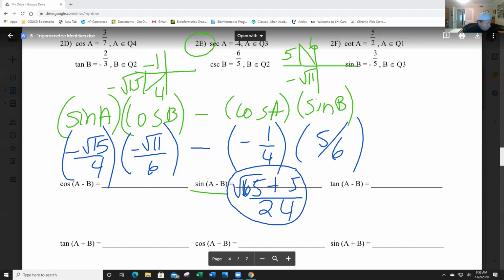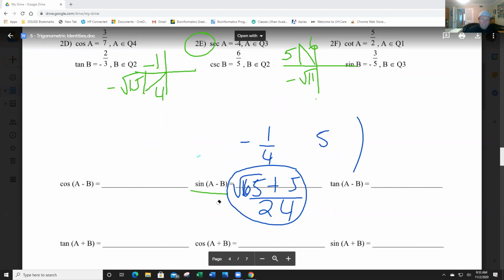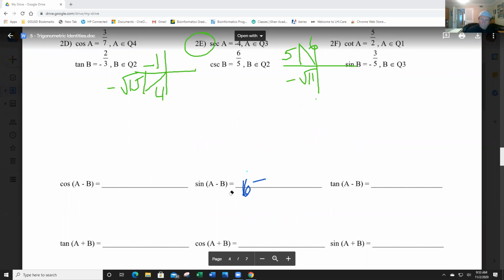Now let's try the cosine of a plus b next. Let me clear the eraser, take everything out, and leave the triangles. Okay, so for the next one, it's the cosine of a plus b.